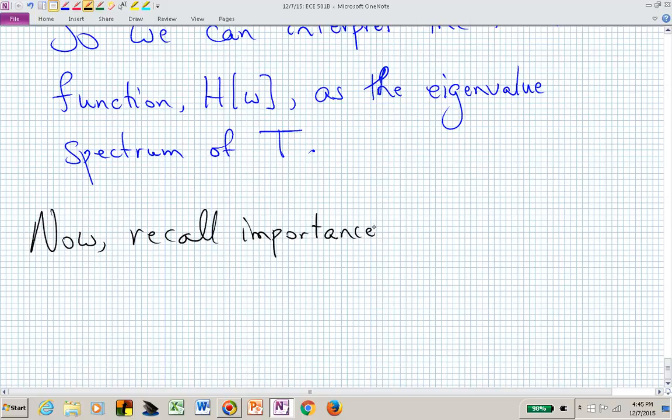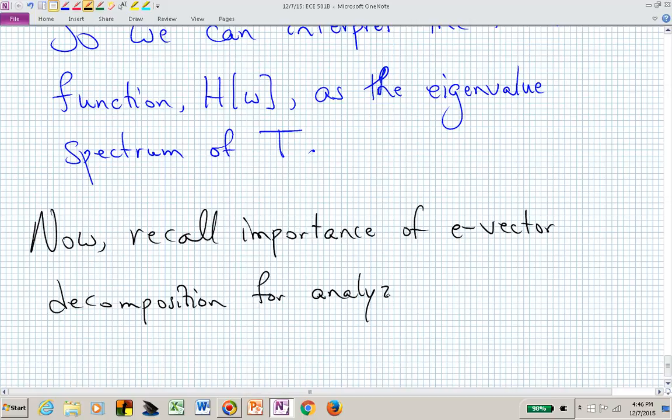Recall the importance of eigenvector decomposition for analyzing operators on finite dimensional vector spaces.